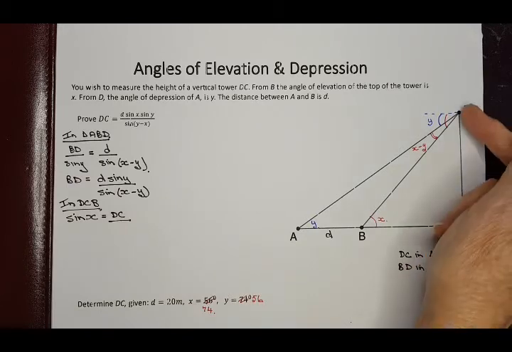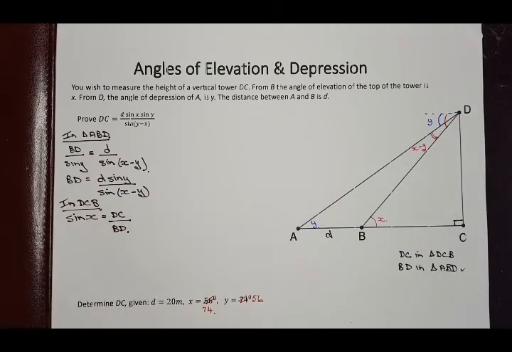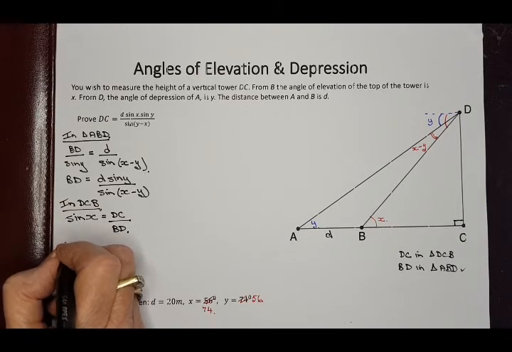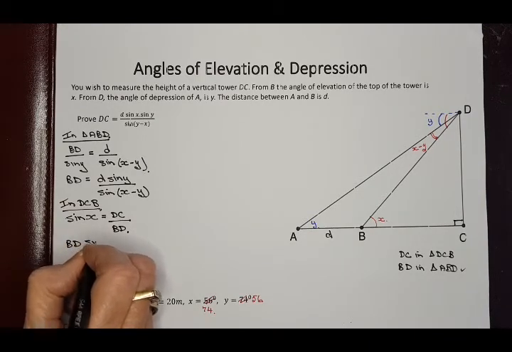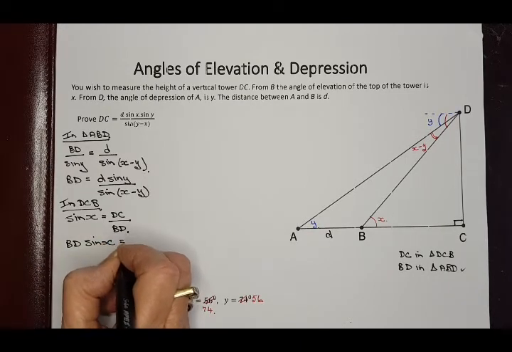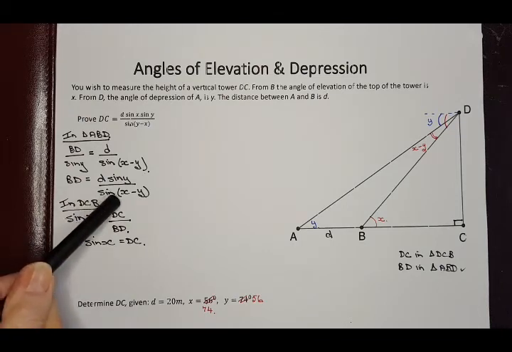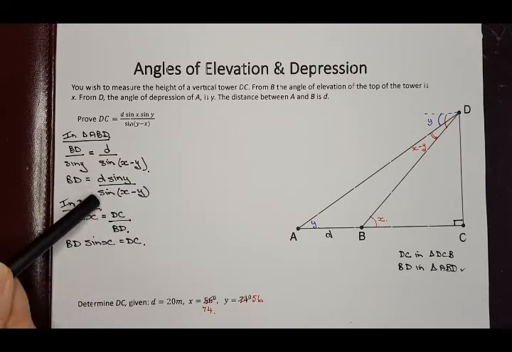So I'm going to say that sine of angle x is my opposite, the thing I'm trying to find, over my hypotenuse BD. Do a little bit of algebra here. Multiply both sides by BD. So I can say that BD times sine of x is equal to DC. At this point, once you've done all the simplifying you can, you're going to replace the BD with the expression that you calculated over there.